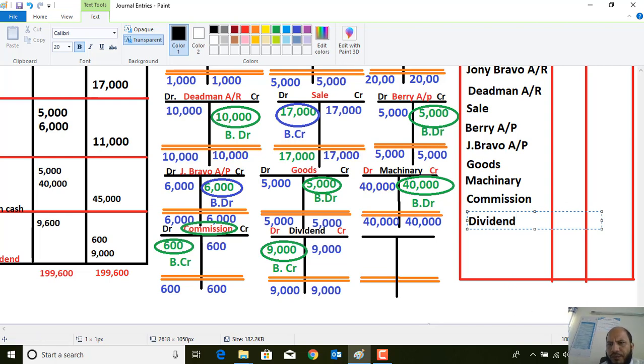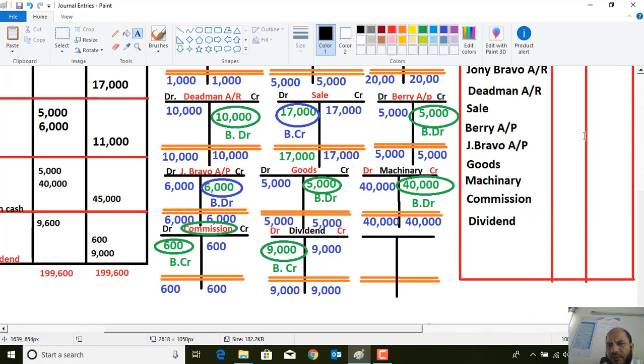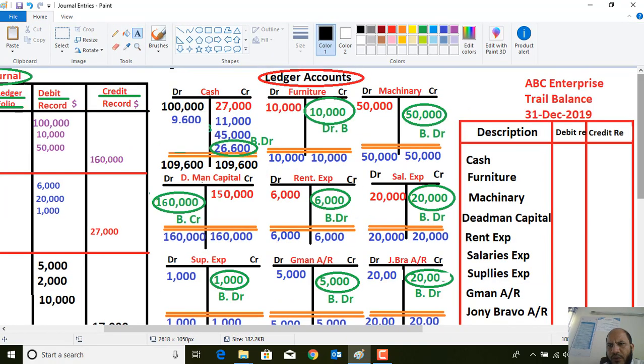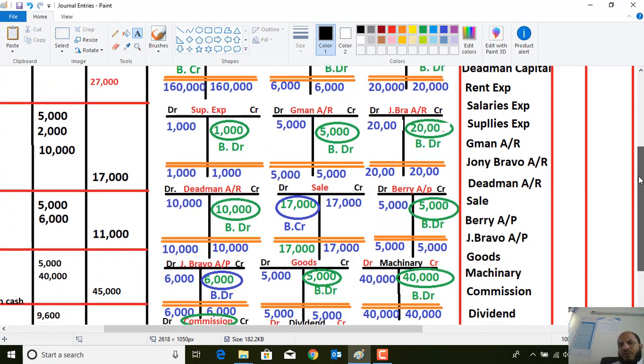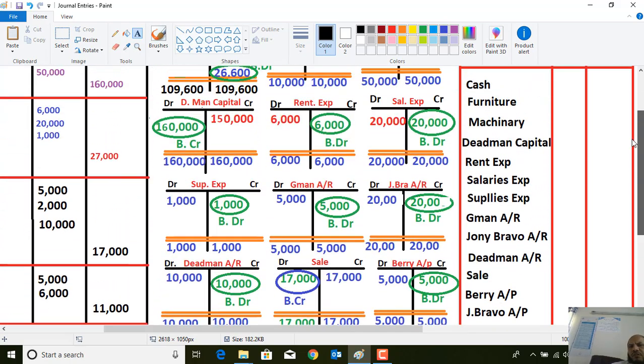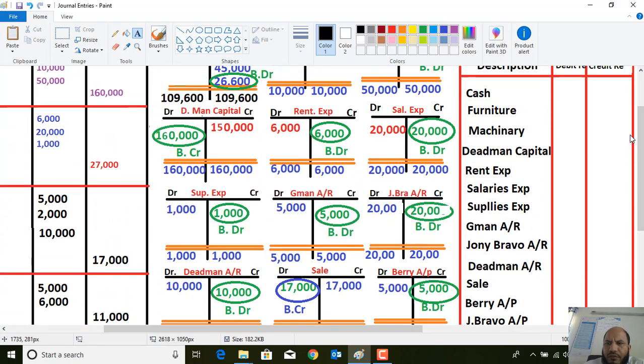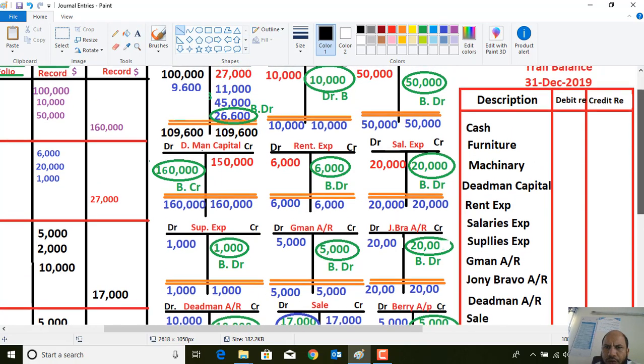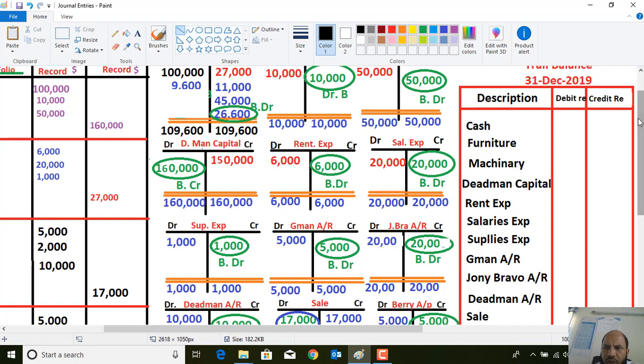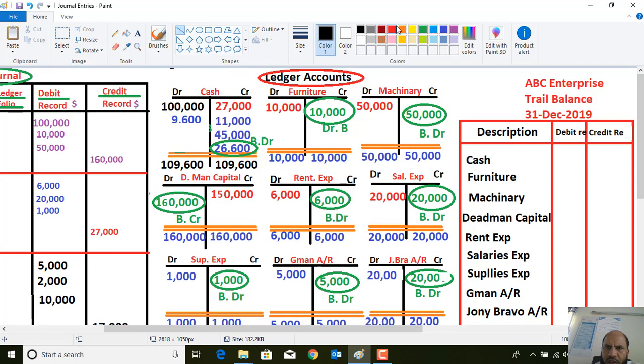So dear students, please write down the name of each and every account available in your ledgers. Roughly, we have mentioned all of these accounts. For example, if I want to show you in more detail, this is the cash, which we have mentioned over here.